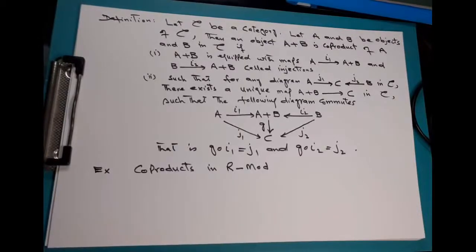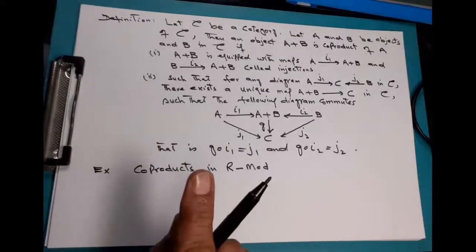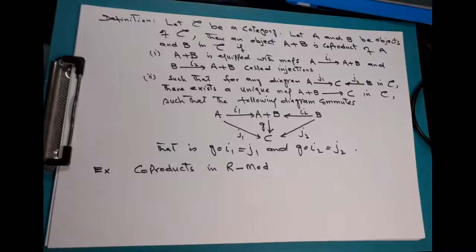In fact, we discussed the product of two modules because it is easy to see the product of two objects. Product of an indexed family of objects is slightly more complicated, not very complicated.